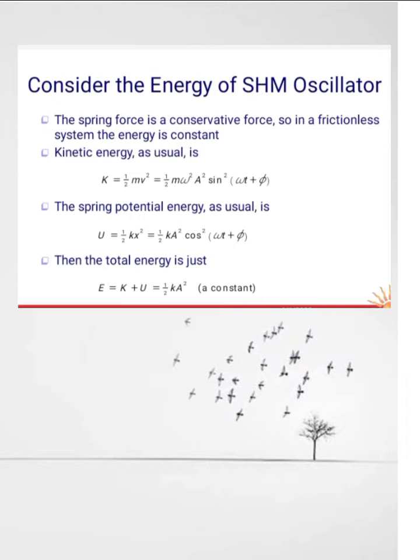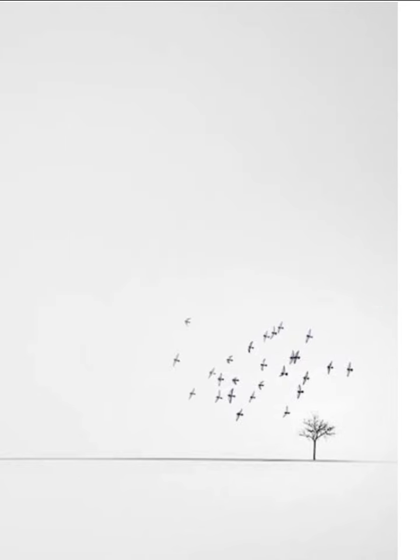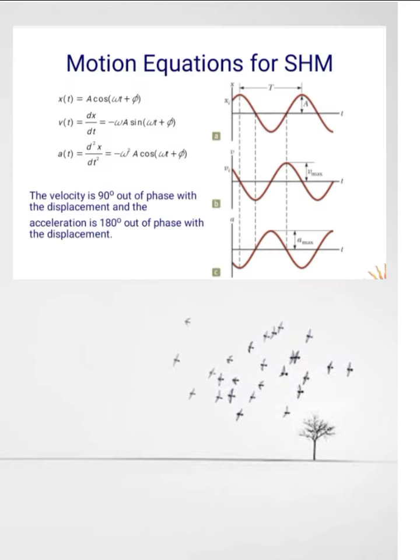Then the total energy is E equals K plus U equals 1/2 kA², which is constant. This is the formula form of the motion equation for simple harmonic motion.